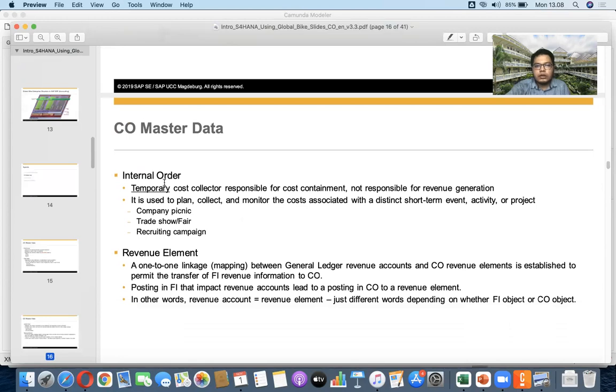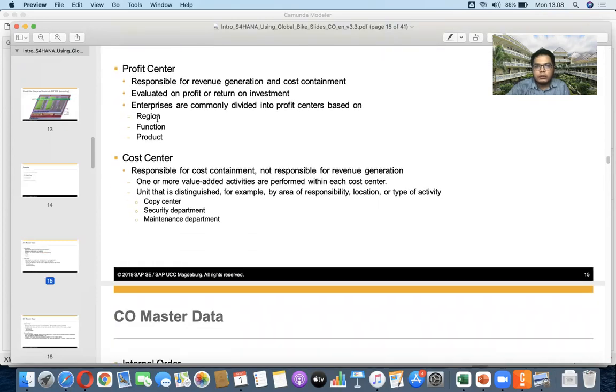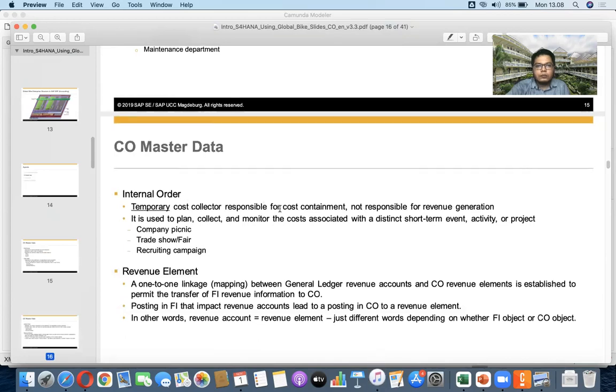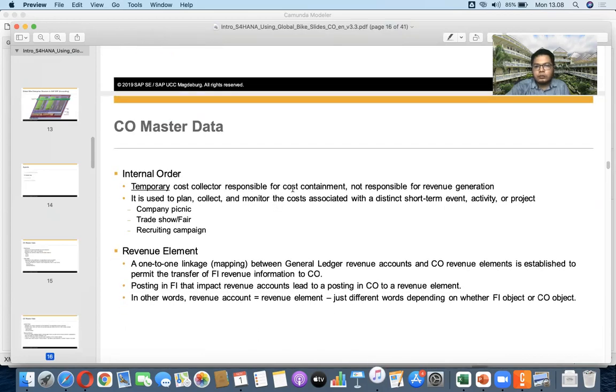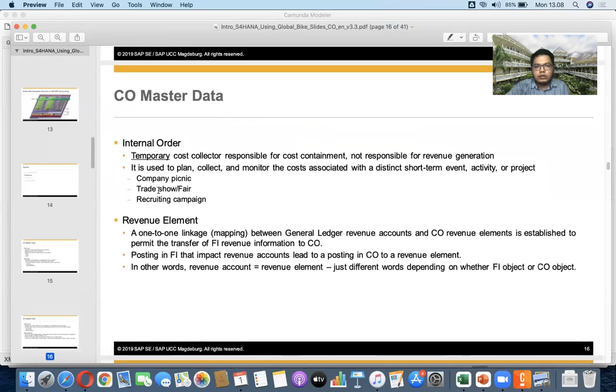There is also the internal order for CO. There is one CO master data, but it includes all of these functions. Internal order is a temporary cost collector responsible for cost containment, such as a company picnic, trade show, or wedding campaign. So this is related to events happening within the company.